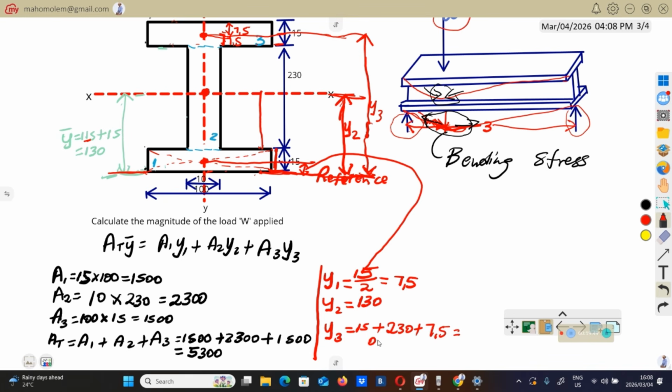Or you can simply say the whole length, the total distance from here to there, which is 15 plus 230 plus 15, 260.